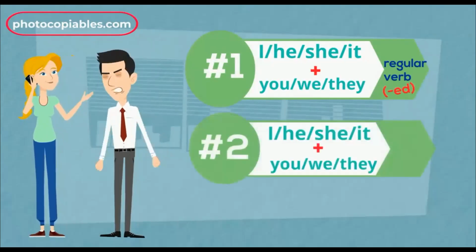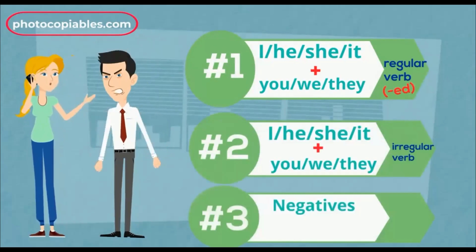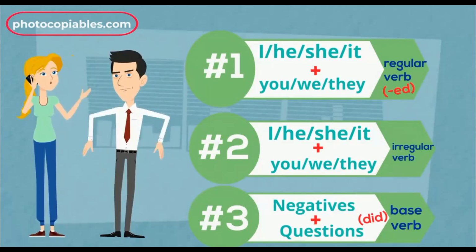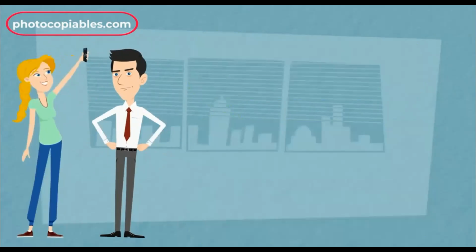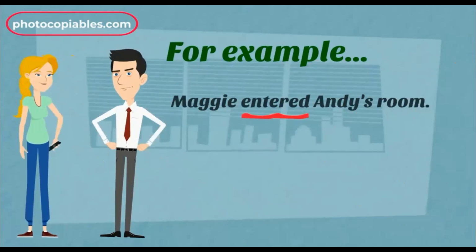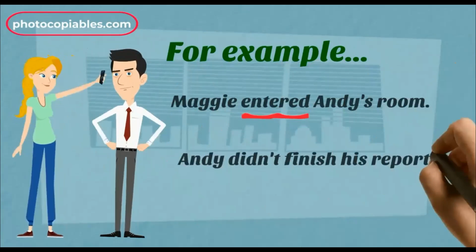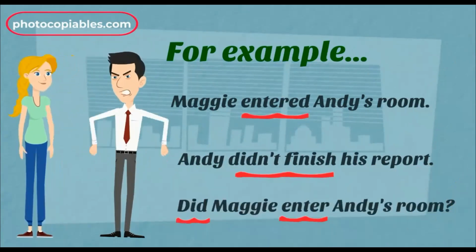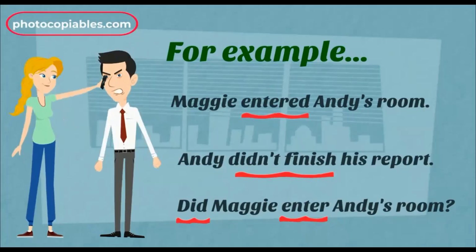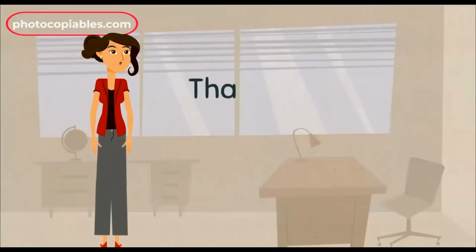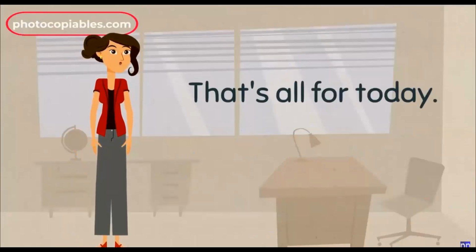In negatives and questions, you need the base form of the verb with a helping verb, did. For example, Maggie entered Andy's room. Andy didn't finish his report. Did Maggie enter Andy's room? That's all for today. Thanks for watching.